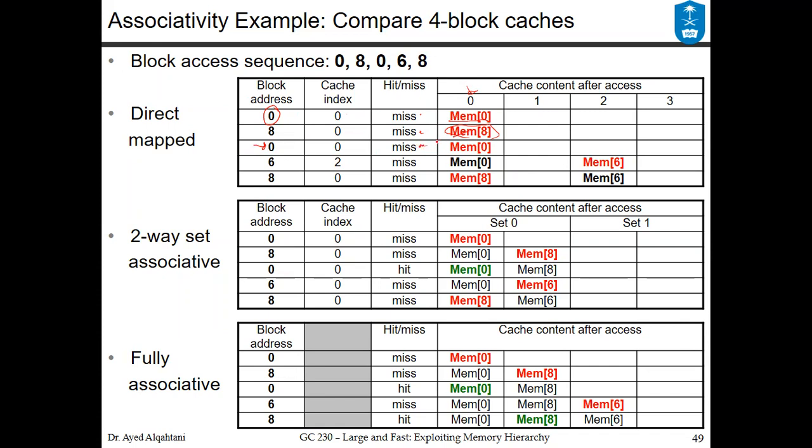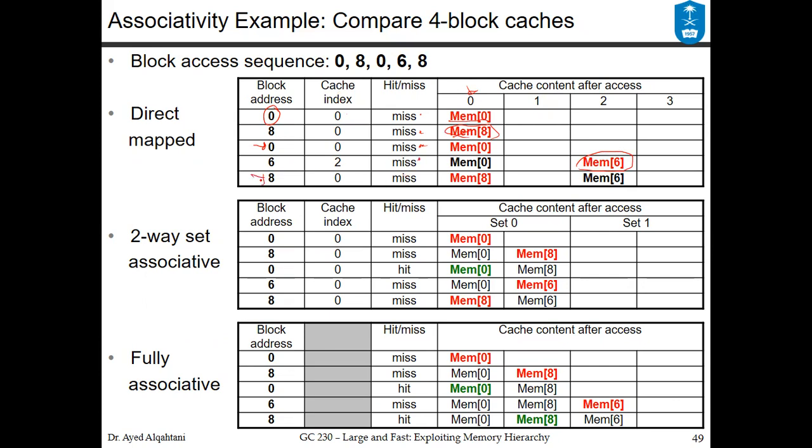Now at this point, we have 6, and the cache index for it is 2, so it's not 0 anymore. It's somewhere else. It was empty before, so it's a miss.